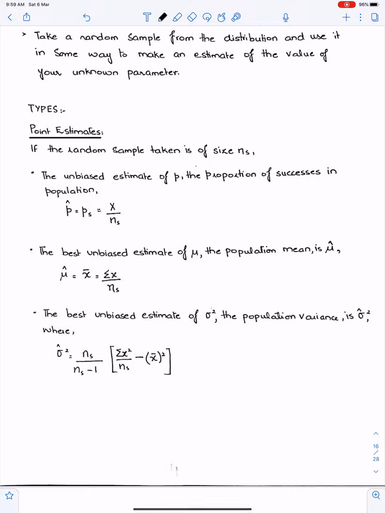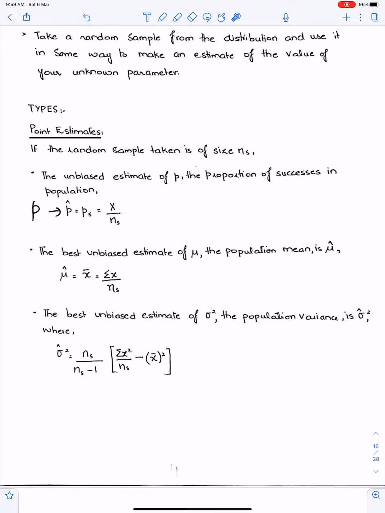So when p is unknown, use p cap, which is ps, x upon ns. Whenever they say estimate the population proportion of success, always use this formula.